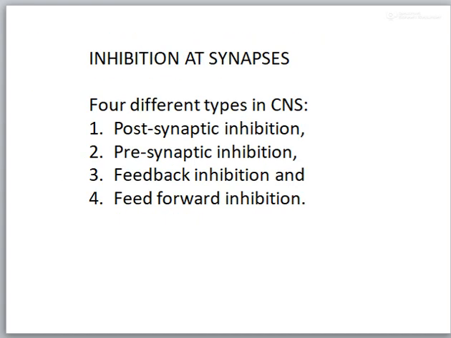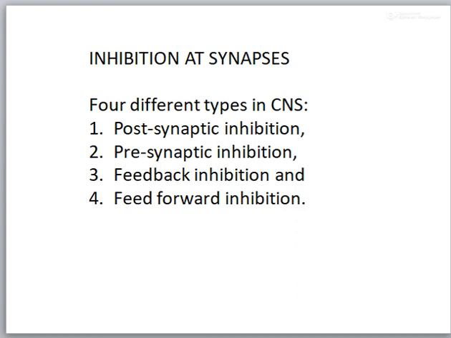What are the inhibitions that occur at the synapse? One is the postsynaptic inhibition, second is the presynaptic inhibition, third is the feedback inhibition, and fourth is the feed forward inhibition. These occur at different sites in different parts of the CNS.